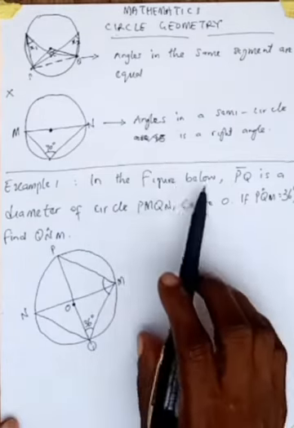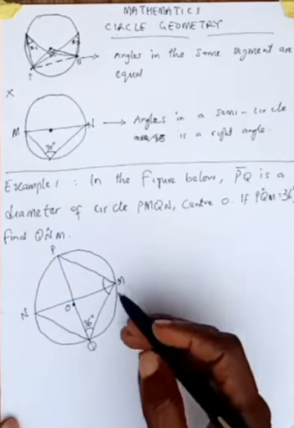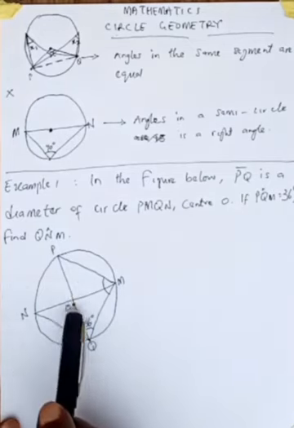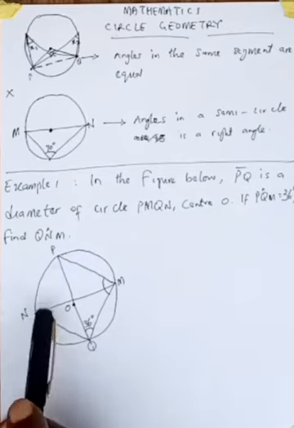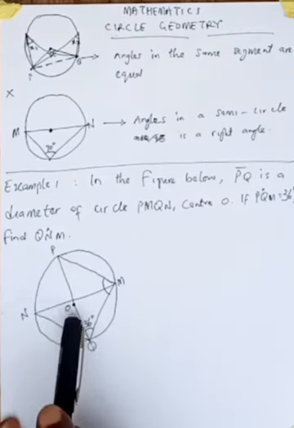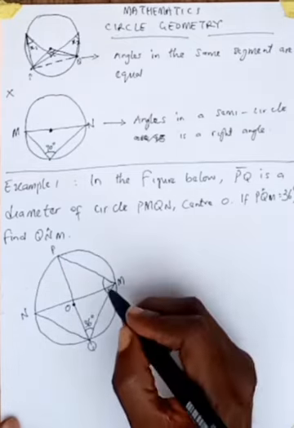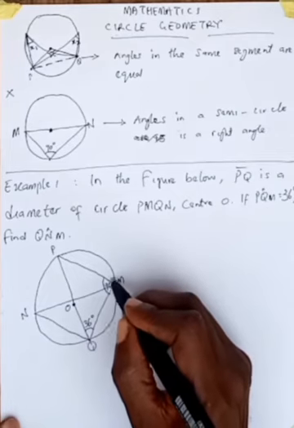So what this second property is saying is that any such angle that is resting on a semicircle, or that has a diameter, a chord that passes through the center, as its base, such an angle will have the value of what? 90 degrees.